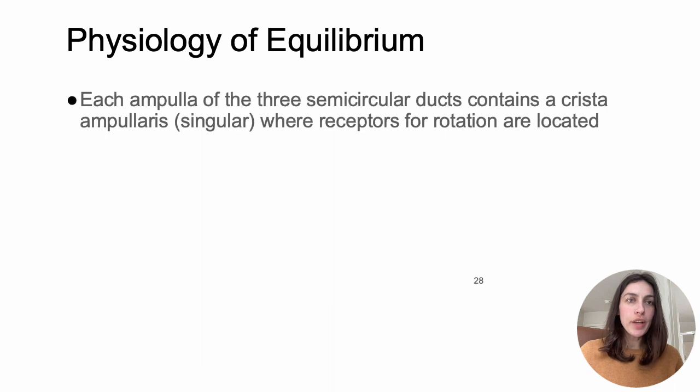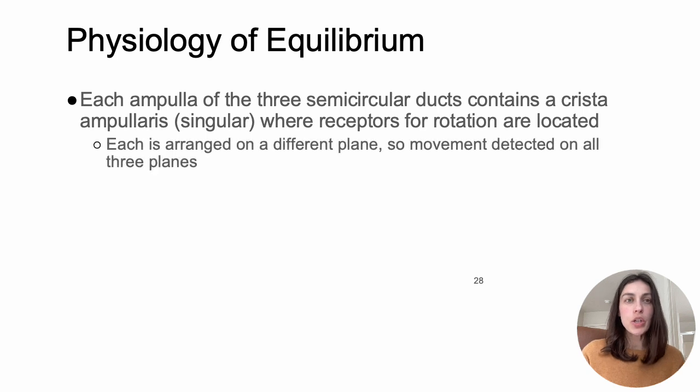Okay, a similar thing is happening in each ampulla of the three semicircular ducts. The organ that they have in there is called a crista ampullaris, or just a crista, and they have hair cells that are going to detect rotation of the head. We have the three different ducts arranged at different angles in order to detect three different planes.